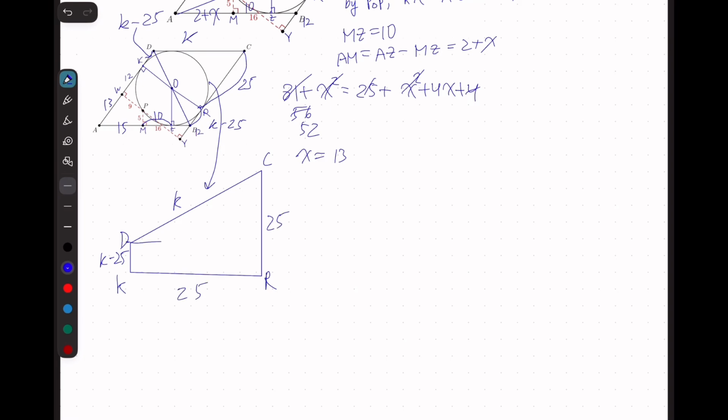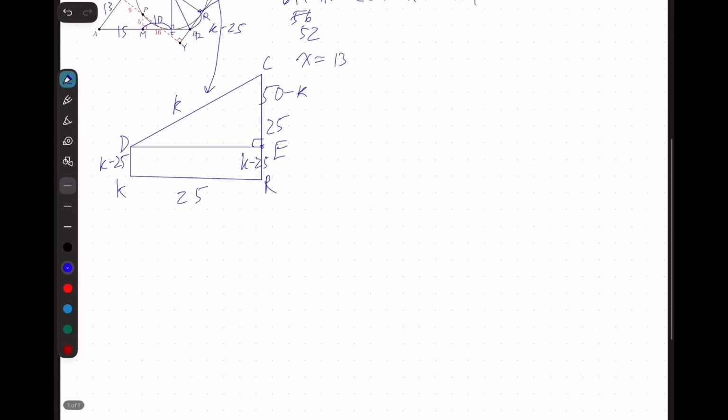25 and 25. If you draw a line from D to CR that is perpendicular to CR, say the point here is E, then CE is equal to 25 minus ER, and ER is K minus 25. So CE is 25 minus K plus 25, so 50 minus K. Therefore, since DE is 25, 25 squared plus 50 minus K squared equals K squared.